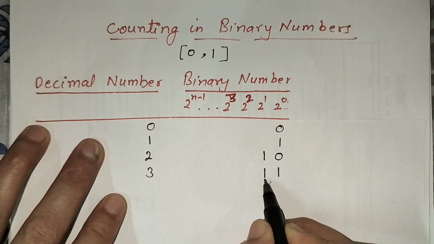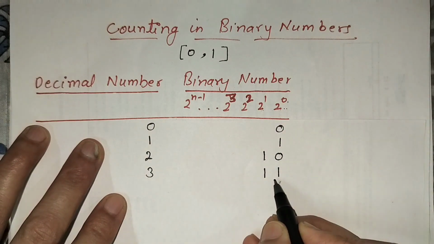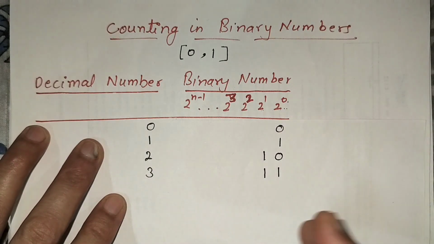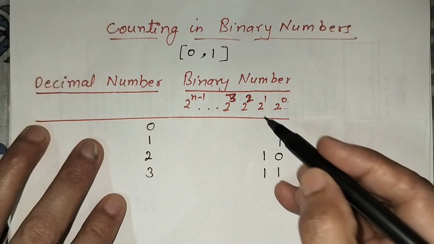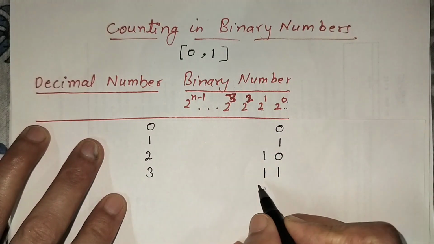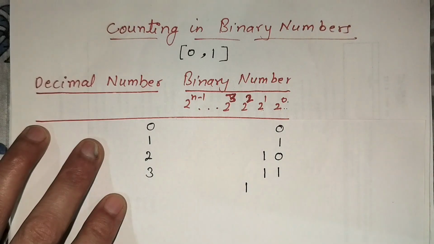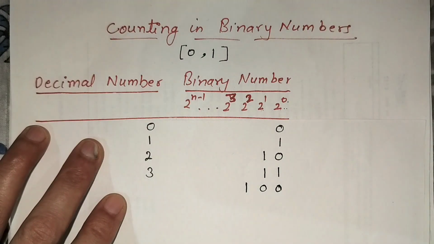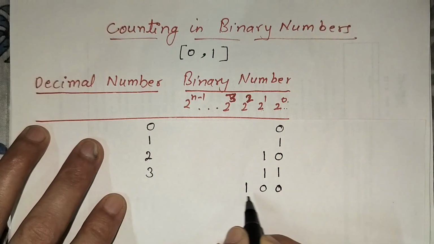Now we can see that at both positions there is 1, meaning the maximum number. So to write the next higher number, we will have to use the next higher position, meaning this position. We will put 1 here and at these two positions we will use 0, meaning this will alternate now, and this is equivalent to 4.